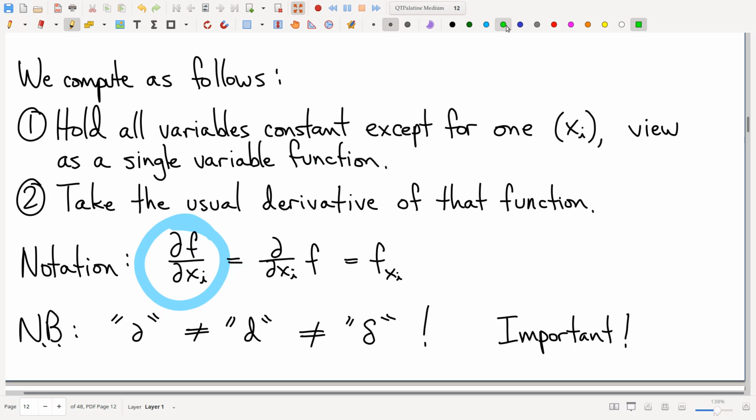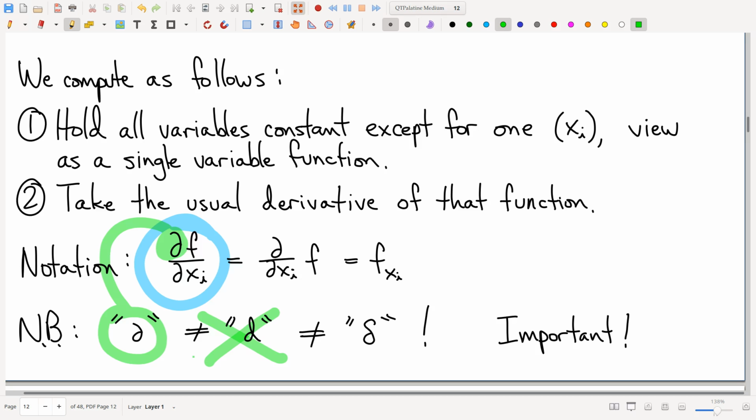Do be careful to notice that this symbol is not a D. It's very important that it's not a D. If you write this as a D, you're taking literally a single variable derivative of a function that is not a single variable function. It's wrong. You just can't do it. It's not okay.